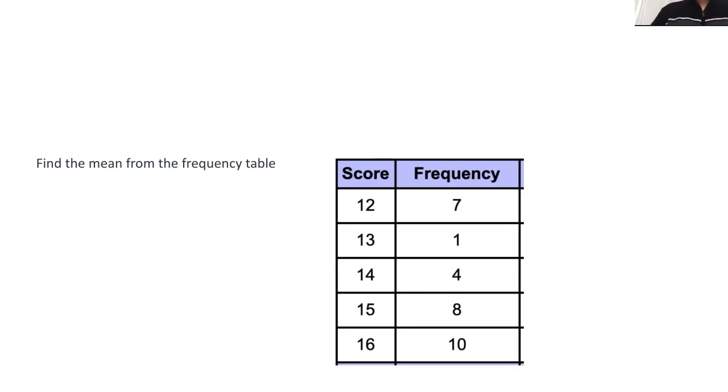So in this question, what would be the class? Someone said the score, which would be correct. The score is your class, and then you multiply it by the frequency. Does anyone know how to find the total frequency? Someone said add up all the frequencies, which is correct.